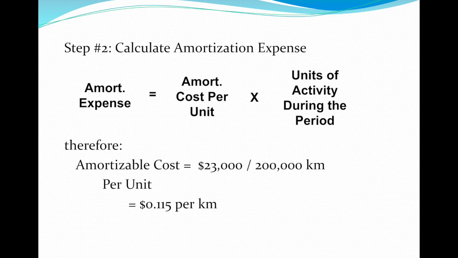And if you use that rationalization, then the amortizable cost per unit would be 23,000 divided by 200,000, which is 0.115 of a dollar per kilometer, or 11.5 cents per kilometer.